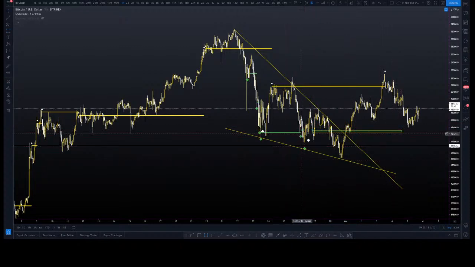Once broken, find support. Then you're able to look at another, we're moving up. What's our next move? Oh, these guys are pretty close together. What are we going to do? We're going to draw a box. A lot of confluence there.